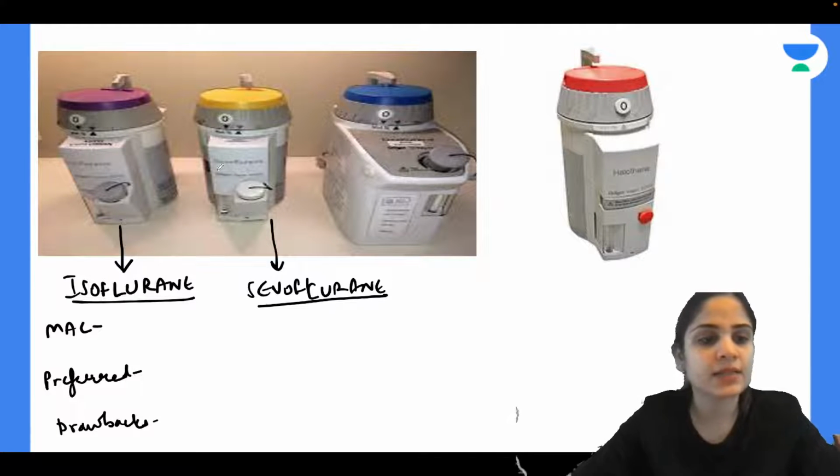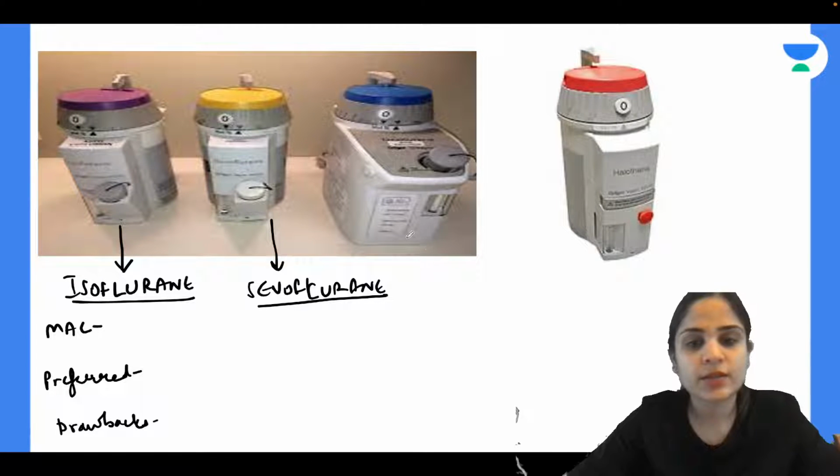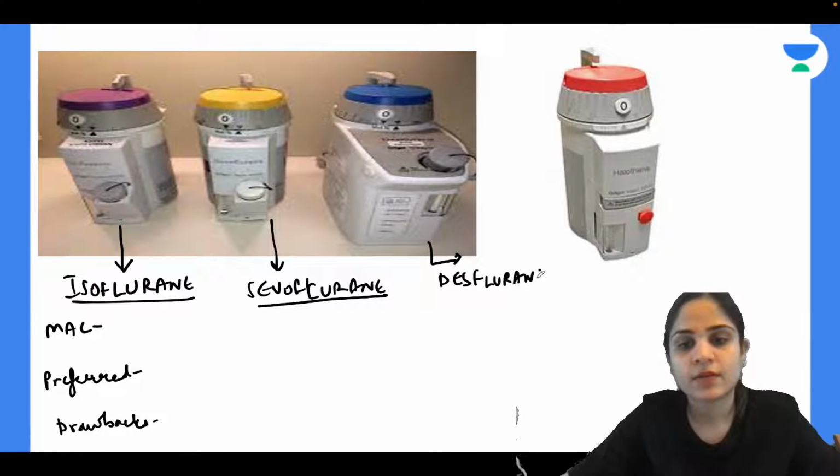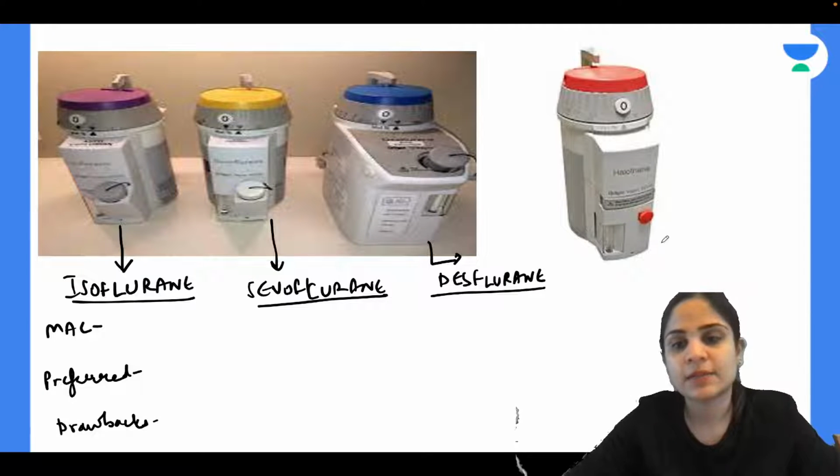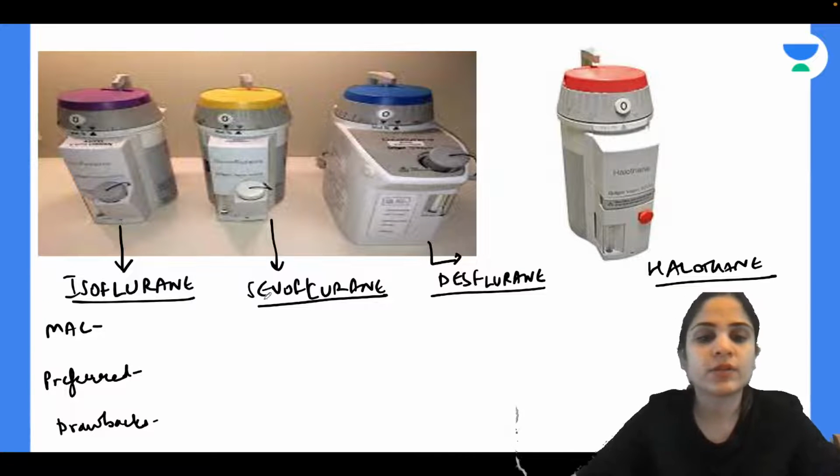All these are vaporizers which contain these individual anesthetic agents, correct? Blue is what? Blue is the color of the Indian cricket jersey. So blue has desflurane. And red has nothing but halothane. Right? Red has halothane.